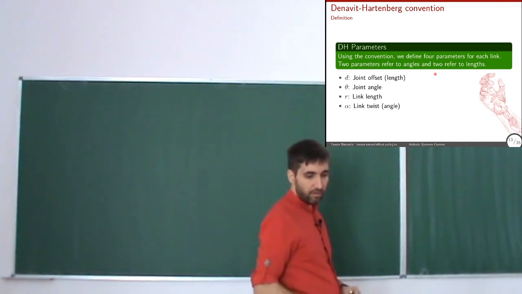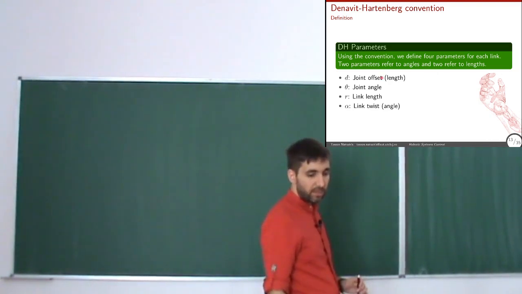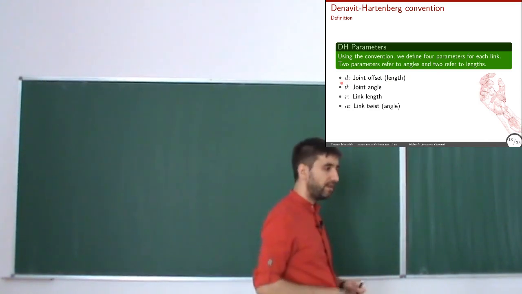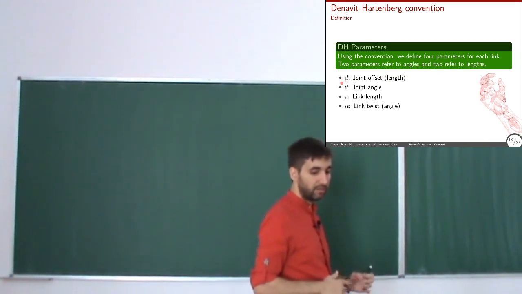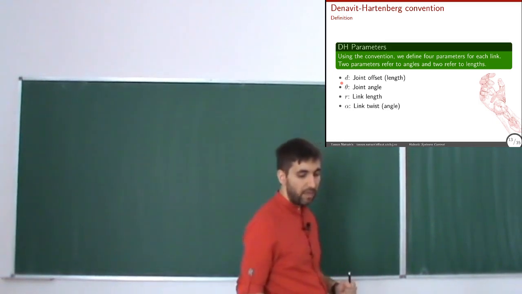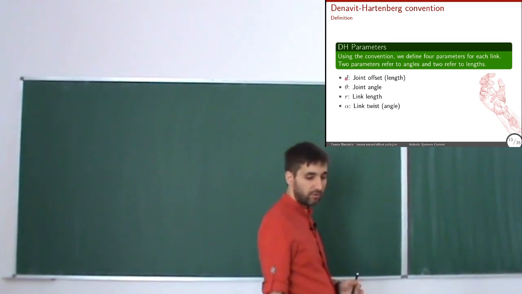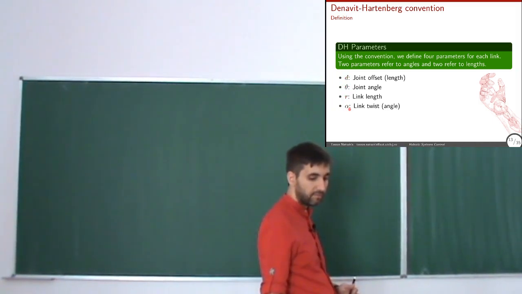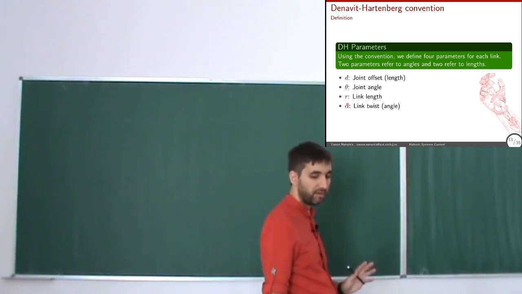We give them names as well: the joint offset, the joint angle, the link length and the link twist. By convention, we use these 4 letters to describe them: d, theta, r, and alpha. So this is meant to be an alpha. It's not a typo.